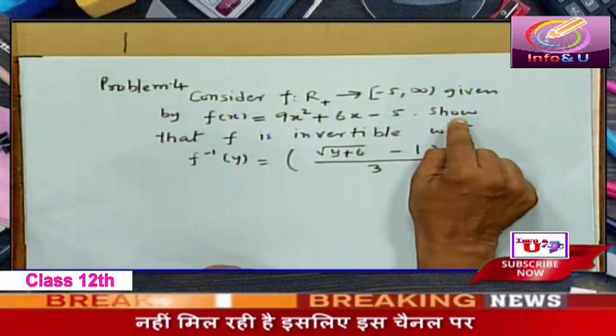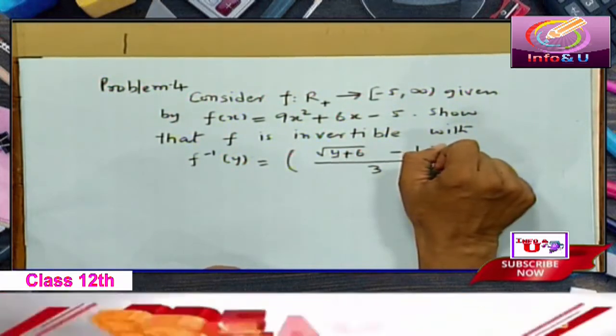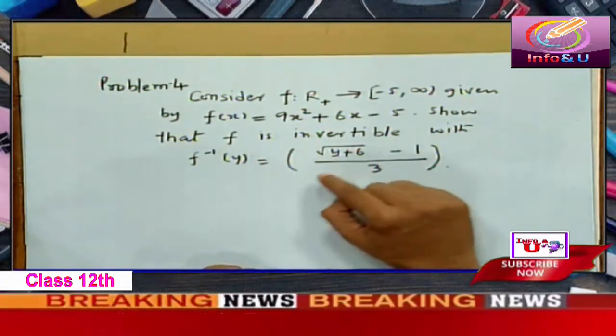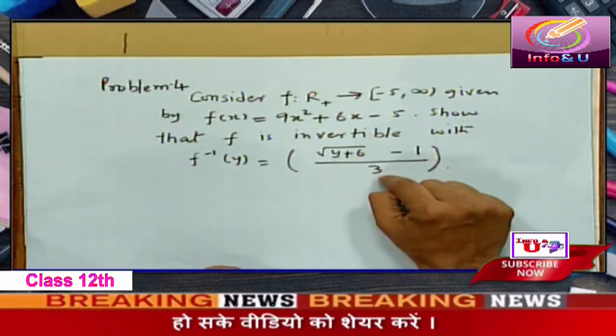We have to show that f is invertible with f inverse of y equal to (root of y plus 6 minus 1) over 3.